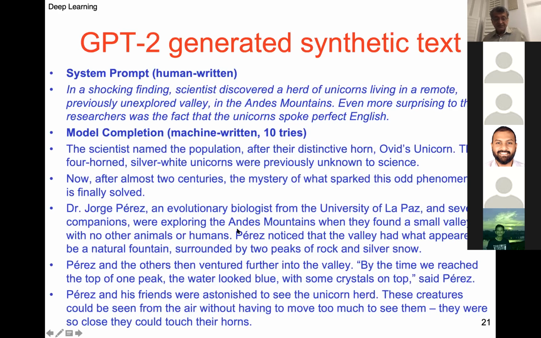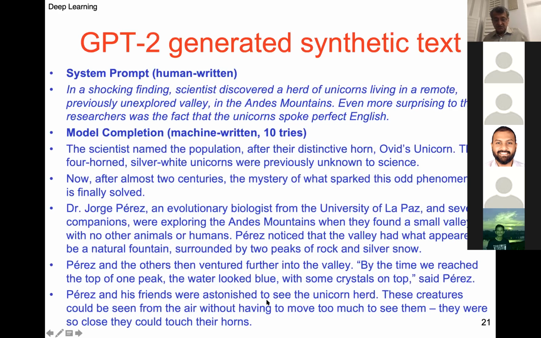Several companions were exploring the Andes Mountains, then found a small valley with no other animals or humans. Perez noticed that the valley had what appeared to be a natural fountain surrounded by 2 peaks of rock and silver snow. It's making up all of this. Perez and others then ventured further into the valley. By the time we reached the top of the peak, the water looked blue with some crystals on top, said Perez.